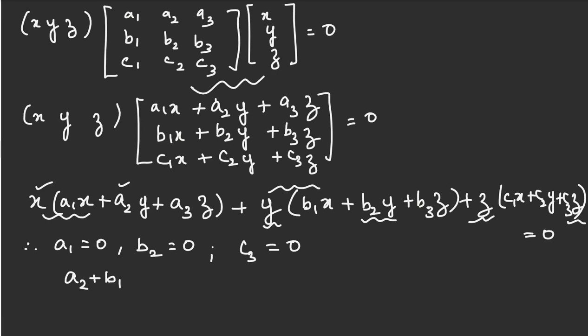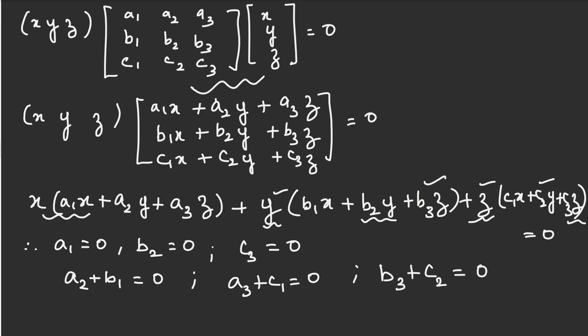So A2 plus B1 is equal to 0. Similarly, taking the xz terms, A3 xz plus C1 xz. So we get A3 plus C1 is equal to 0. Next, B3 yz and here C2 yz. So here we can write B3 plus C2 is equal to 0.